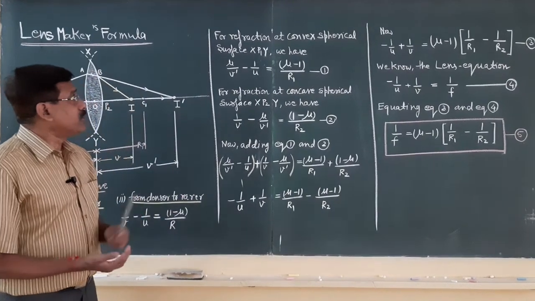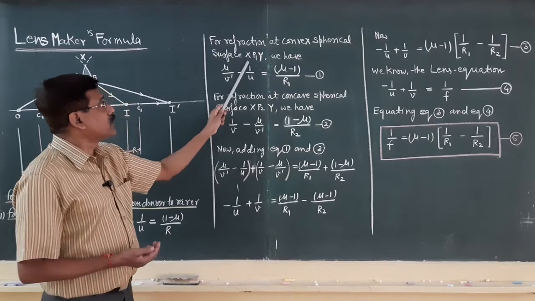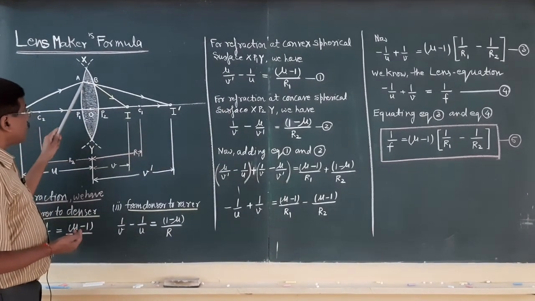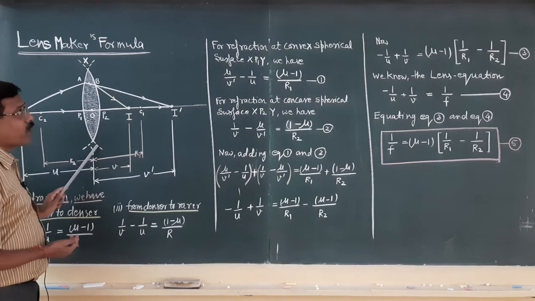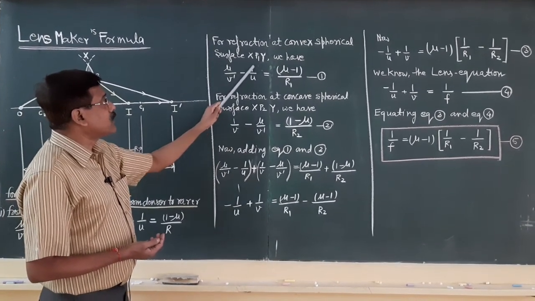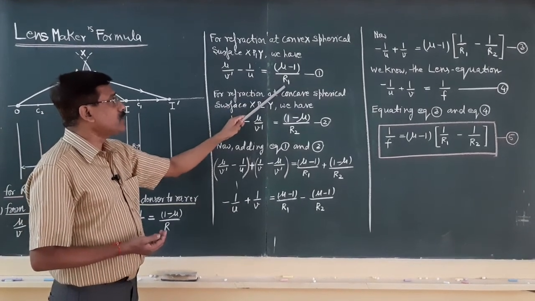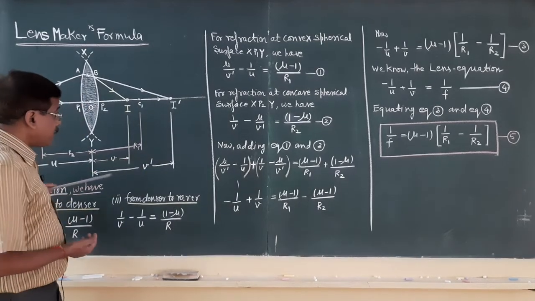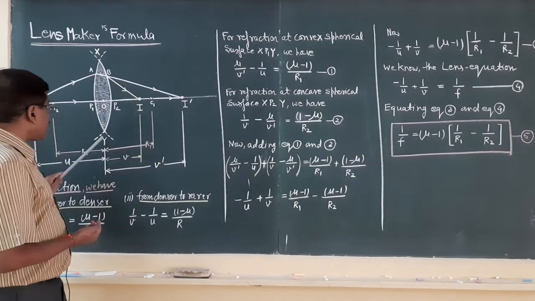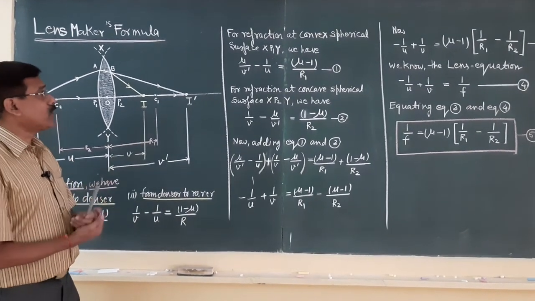Already we have discussed refraction at convex spherical surface XP1Y, provided the medium is continuous after XP1Y, we have mu by V dash minus 1 by U is equal to mu minus 1 by R1. V dash is the image distance because I dash acts as the image for surface XP1Y. But we know the medium is not continuous.